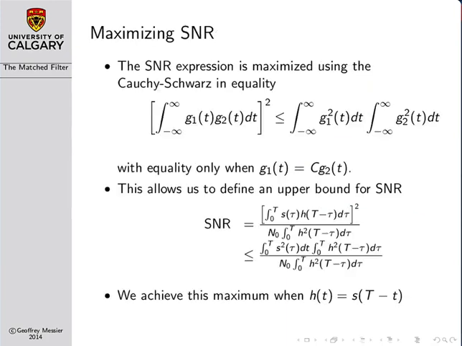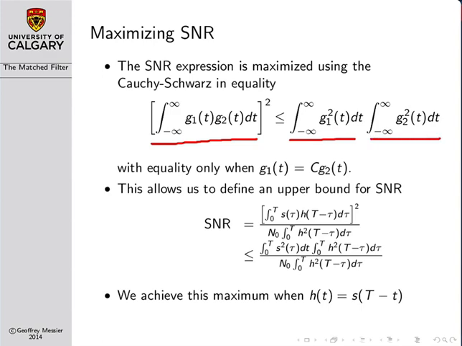The way we perform this maximization is using something called the Cauchy-Schwarz inequality. The Cauchy-Schwarz inequality just says that if you've got the integral of 2 waveforms multiplied together, squared, that's less than or equal to the integral of the square of the first waveform multiplied by the integral of the square of the second waveform.